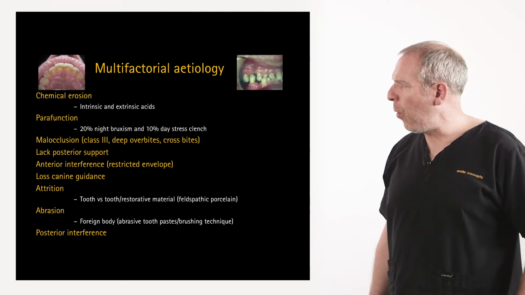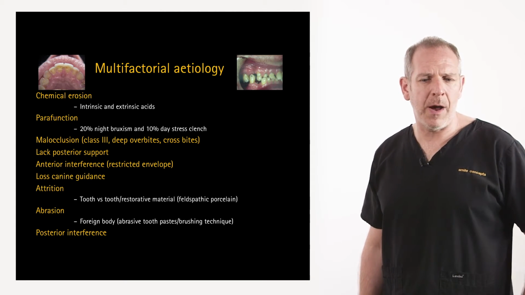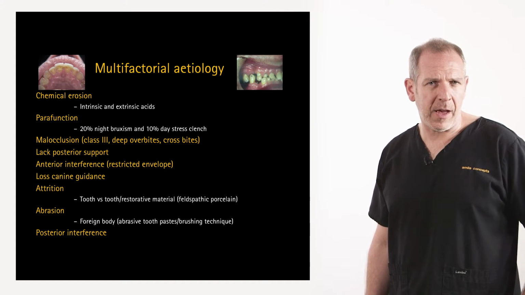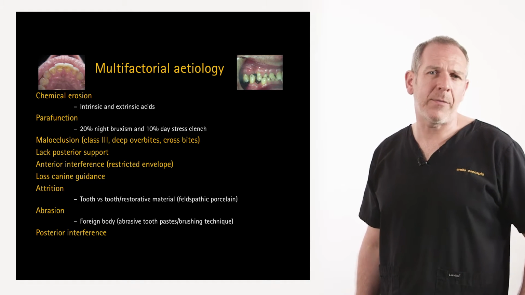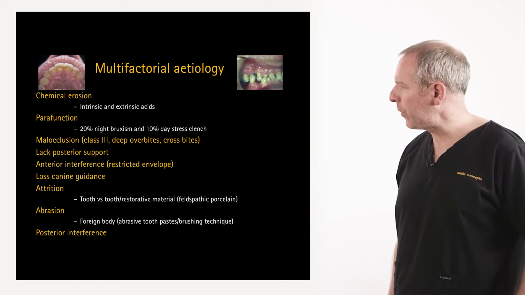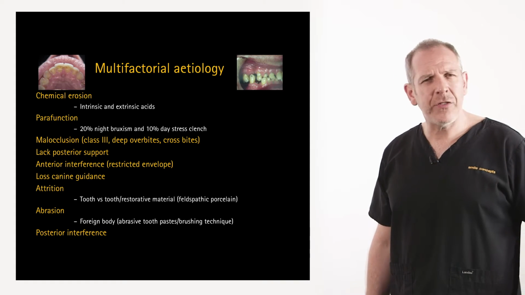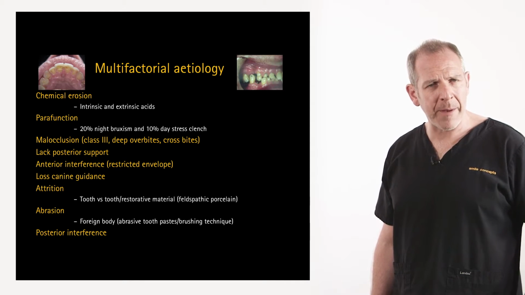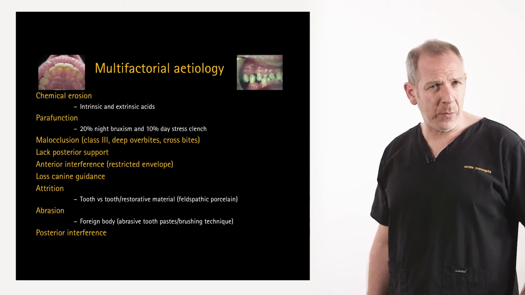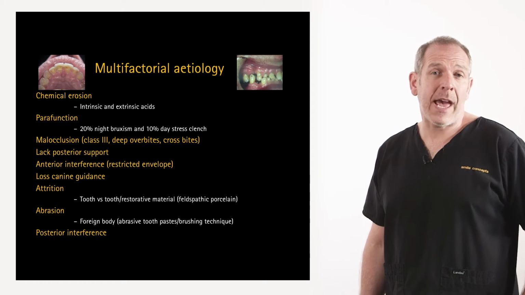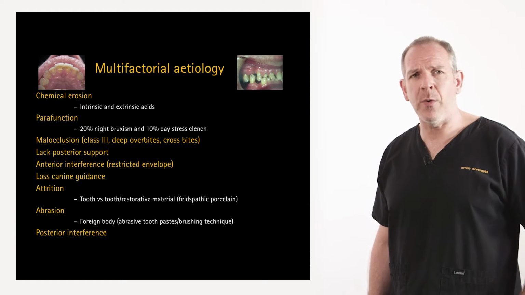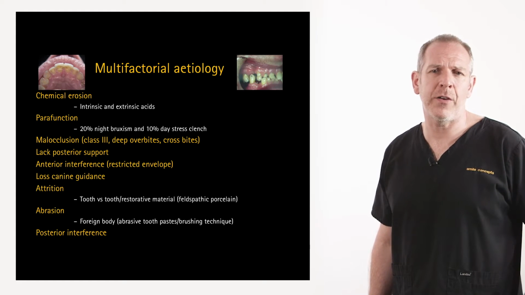The anterior or restricted envelope I've spoken about on numerous occasions, and I won't cover this today, but again this is an important recognised pattern of tooth surface loss. As patients age, it's inevitable with some patients that the canine ramps will wear, and so the canine wears down, and essentially what happens is that the teeth behind the canine come into group function.